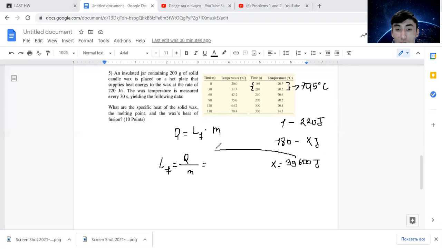So we put it here over mass, equal to 0.2. Let's write the result of calculation, approximately 200,000 joule per kilogram. This is the heat of fusion.